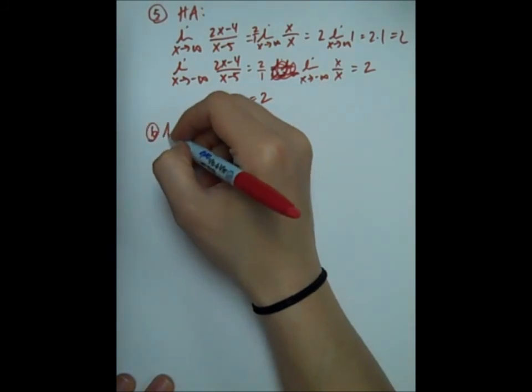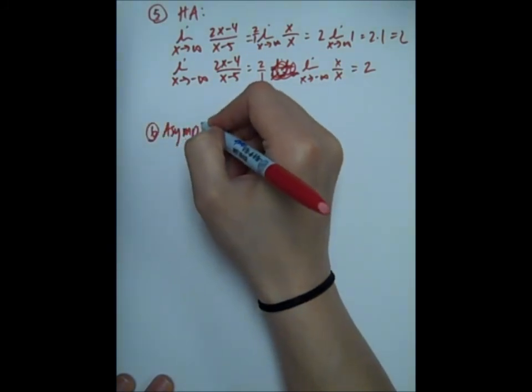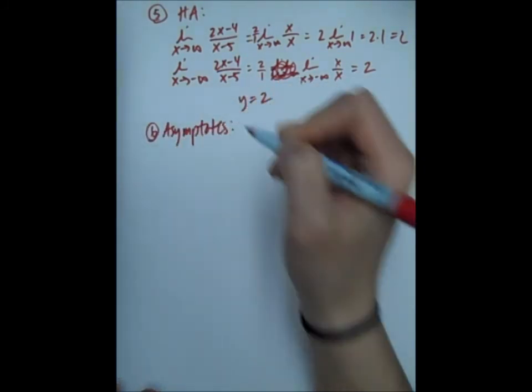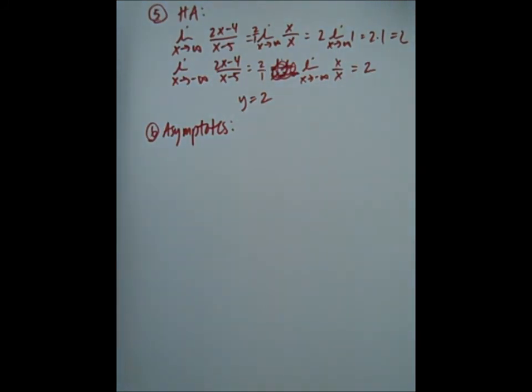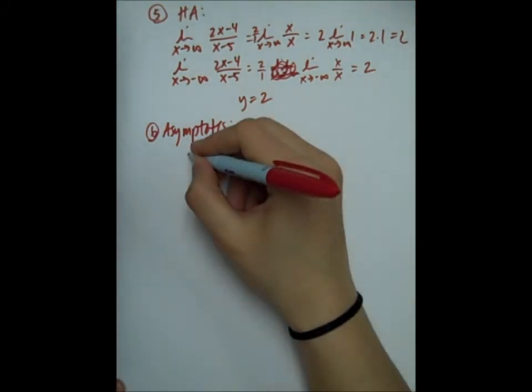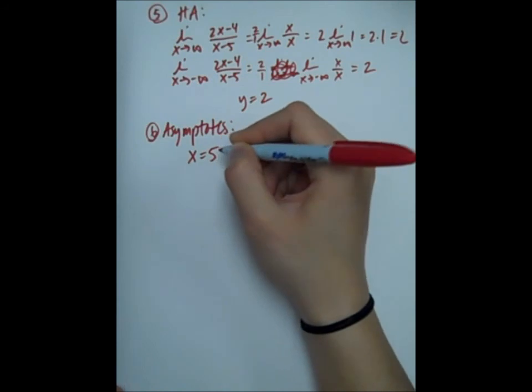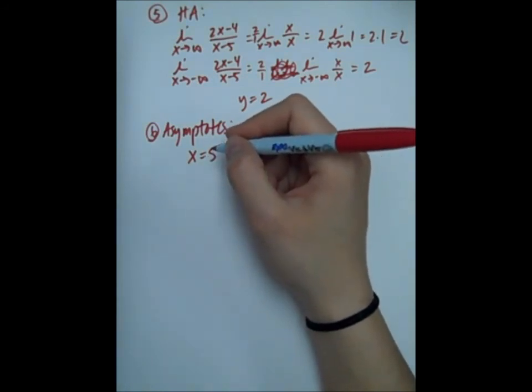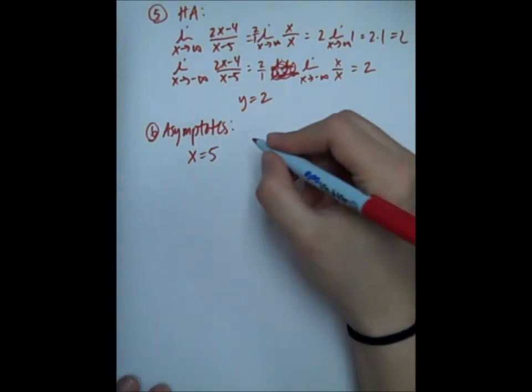This one, we are going to have asymptotes. Where are we going to have an asymptote? Well, I'm going to have an asymptote at x equals 5 because my original function was not defined there.